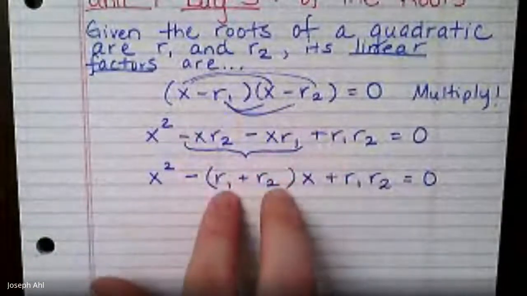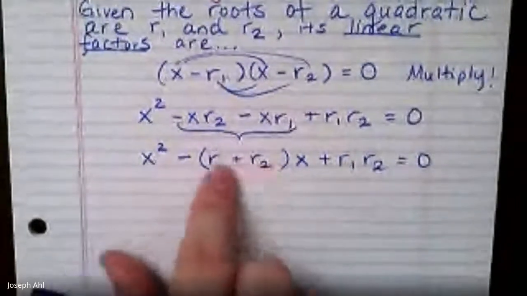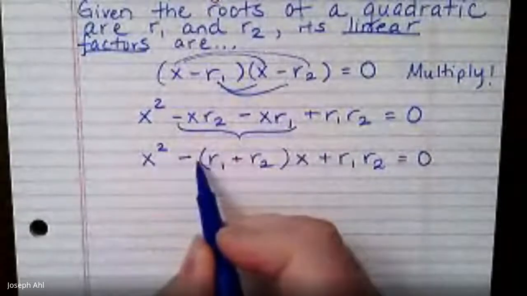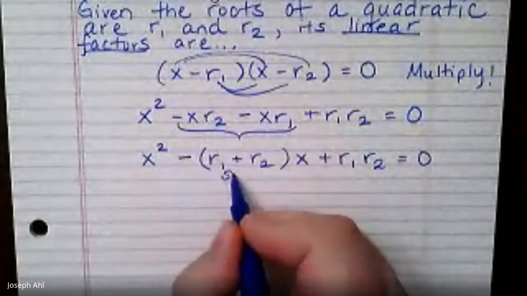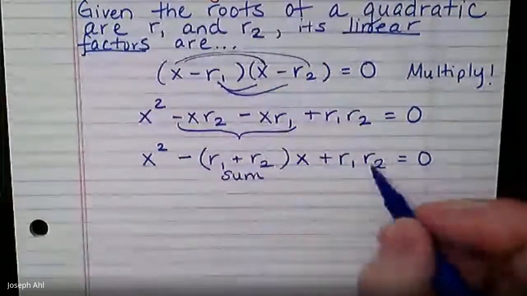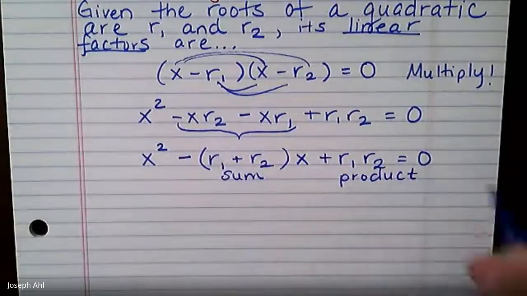So why did I want to rearrange it that way? Take a look at what's happening here. For the coefficient of x in the middle, we're going to take the negative of the sum of the roots. R1 plus R2 means add the roots together. And at the end, R1 times R2, that's the product of the roots.